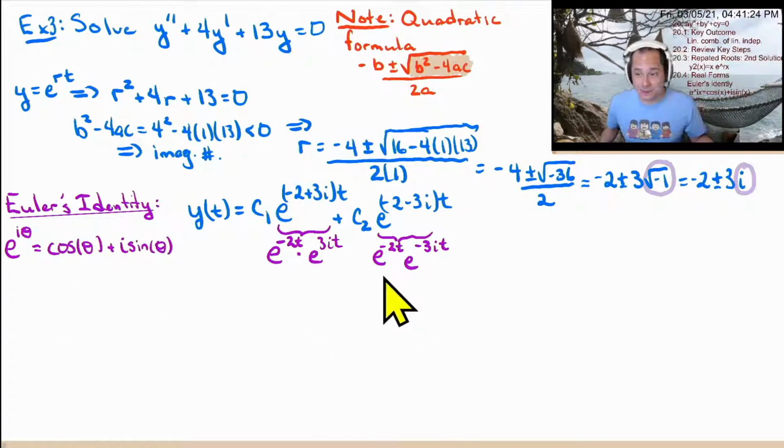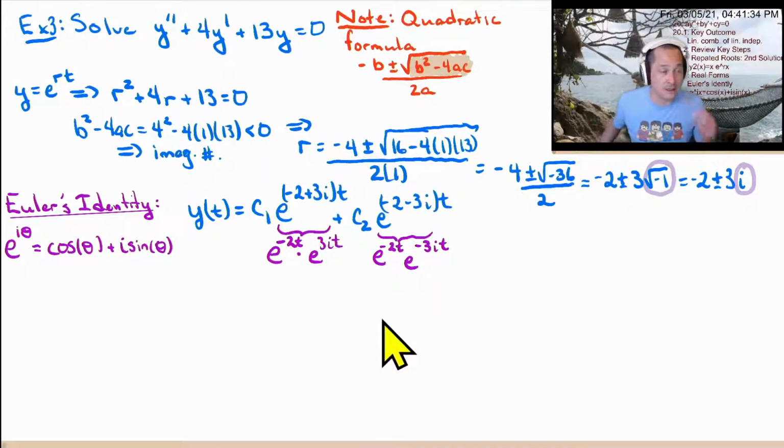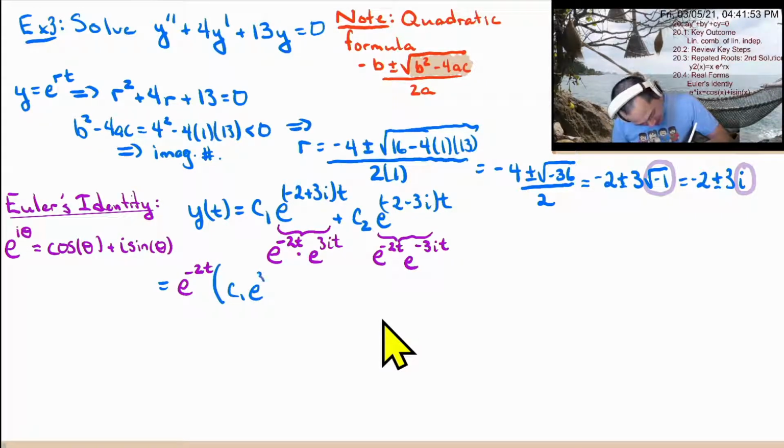But the point that I'm really trying to make is that both of these two terms share an e to the negative 2t. So factor that out in front of everything. What do I mean by that? I mean, write this as e to the negative 2t, all of this times c1 e to the 3it plus c2 e to the negative 3it.